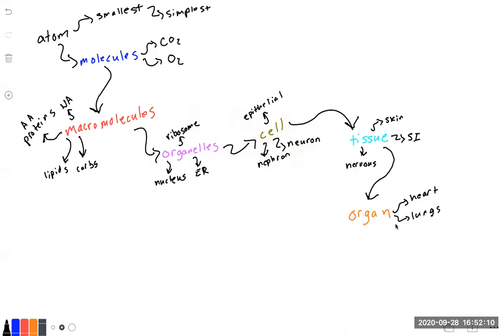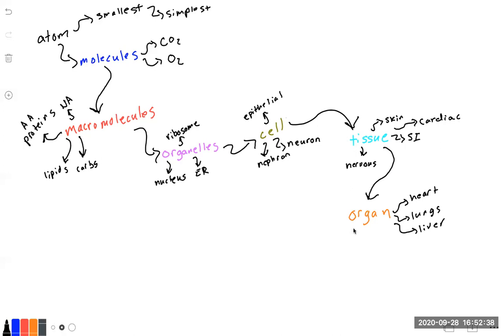And just to throw another one out there, we have our liver. Our heart is made up of cardiac muscle tissue, as our lungs are made of a type of epithelial tissue, made up of a bunch of epithelial cells. And our liver is also made up of specialized liver cells.